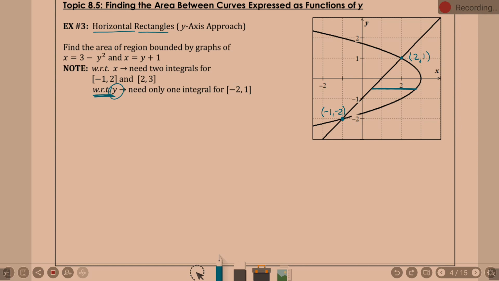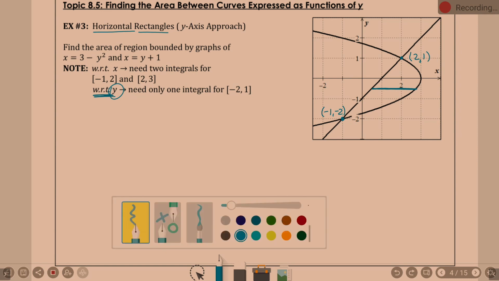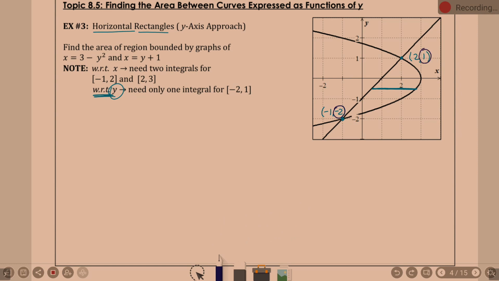Because we're doing right to left, with respect to y, notice it gives the values -2 to 1, which means it's giving us what kind of values? Y values. Okay, so when you are integrating right to left, you're working in terms of y variables and y values.